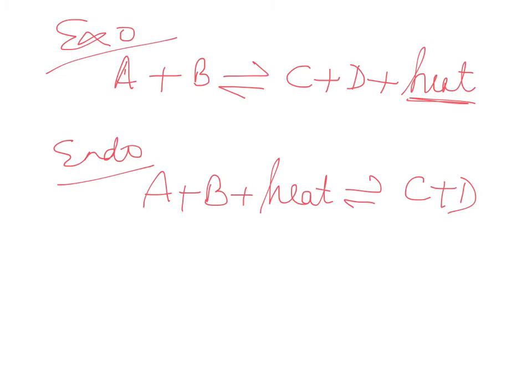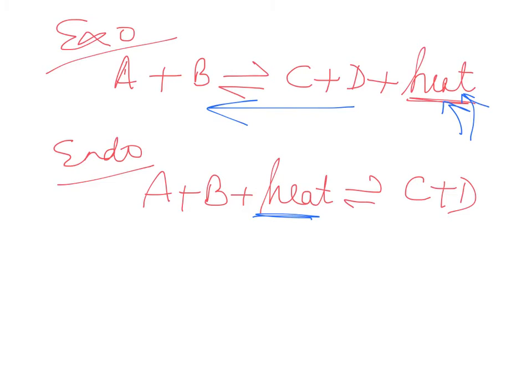So now for an exothermic reaction, if you're increasing the temperature, that means you are providing more heat. What does that mean? That means the backward reaction should get triggered. On the other hand, if you're considering a reaction which is endothermic and you're heating it, heat is a reactant, so more and more products will be formed.